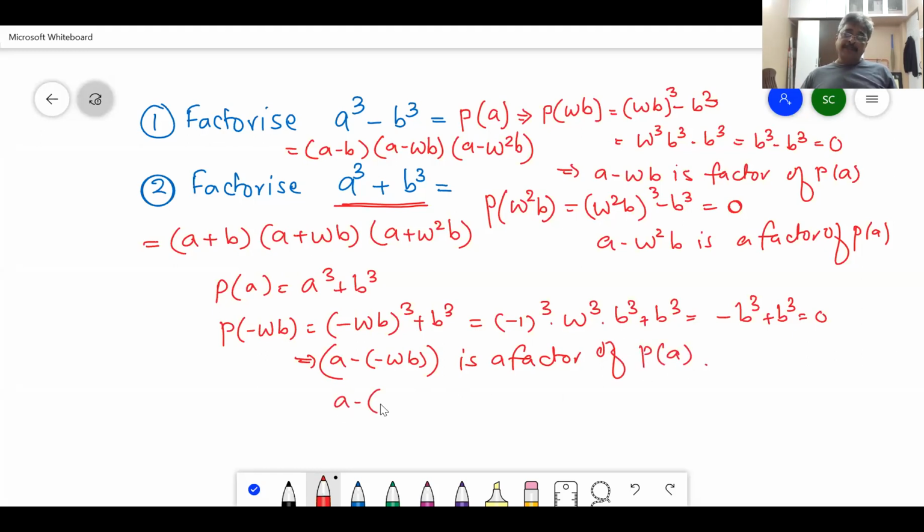Similarly, a plus omega square b is a factor, and hence you get this factorization. Have you all understood? Very good.